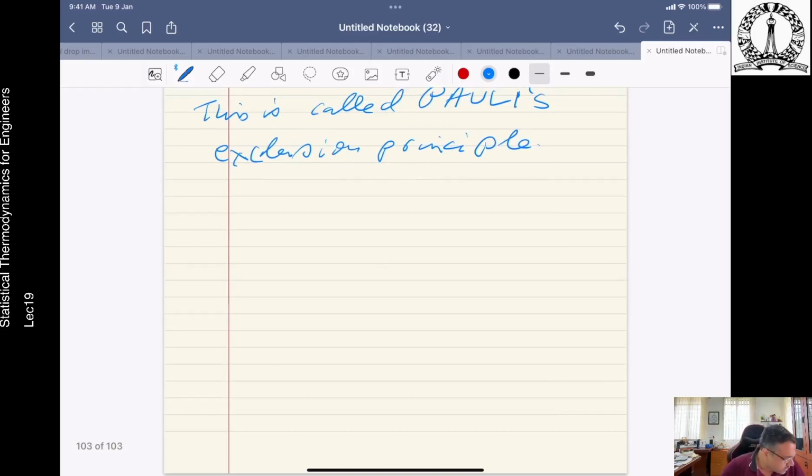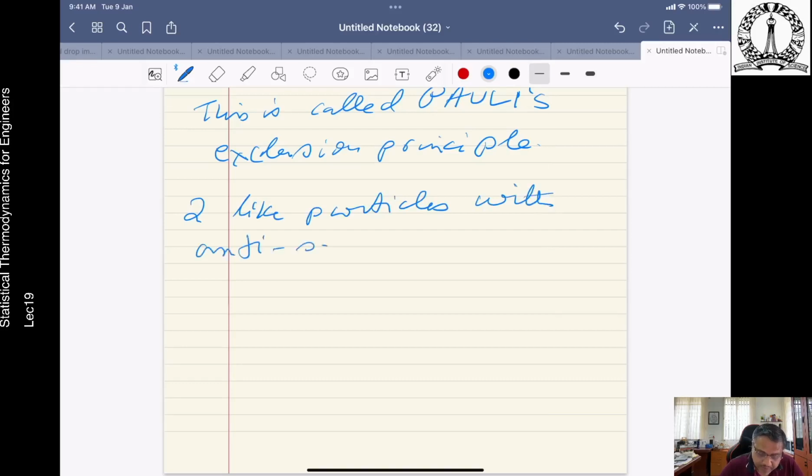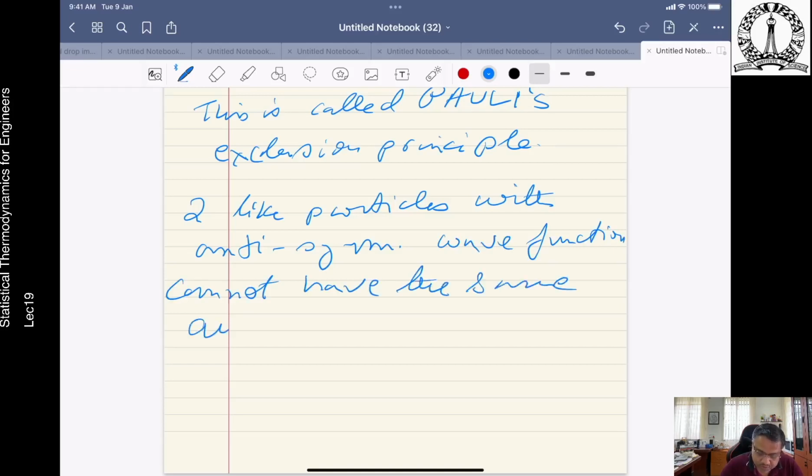In other words, two like particles with anti-symmetric wave functions cannot have the same quantum state.